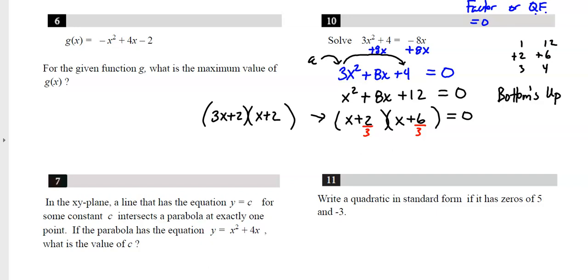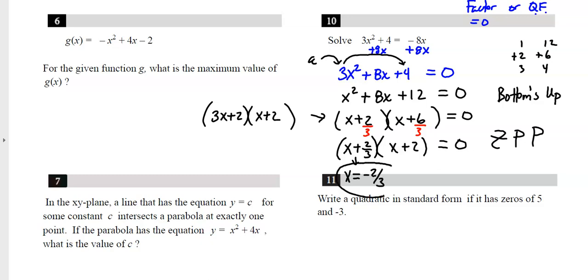But if I want to use the zero product property, I'm going to leave it as x plus 2/3. This one I'm going to get x plus 2. Because when I want to use ZPP, something times something equals 0, I want to find out when the parentheses are 0. I think it's a little easier to see that this parenthesis is going to be 0 when x is negative 2/3.